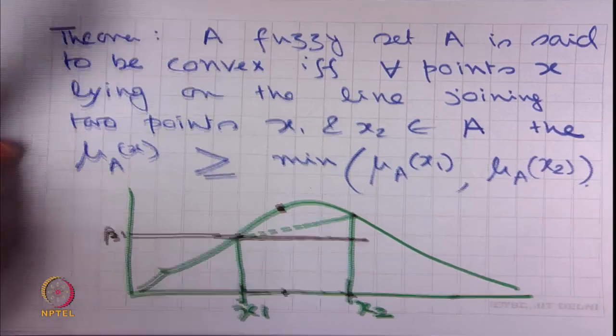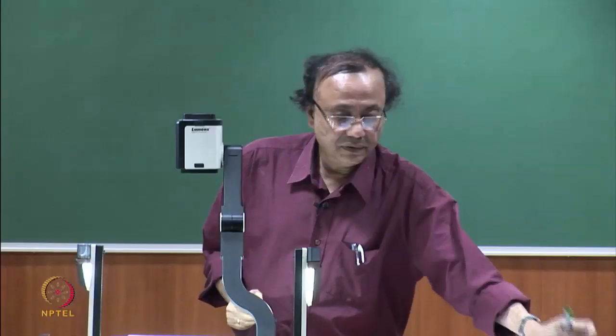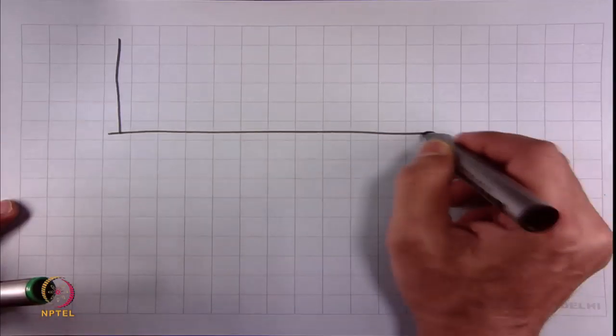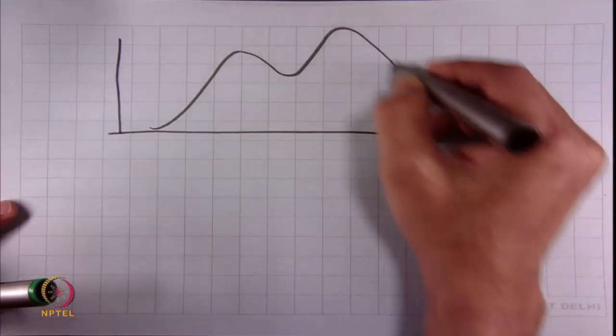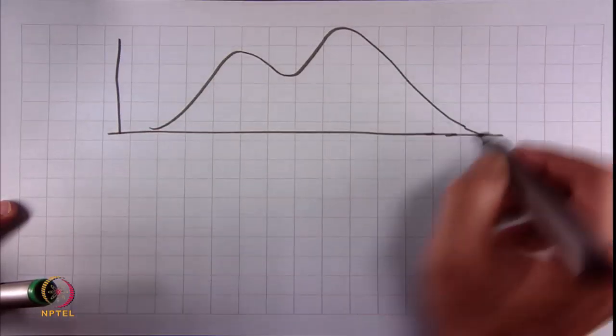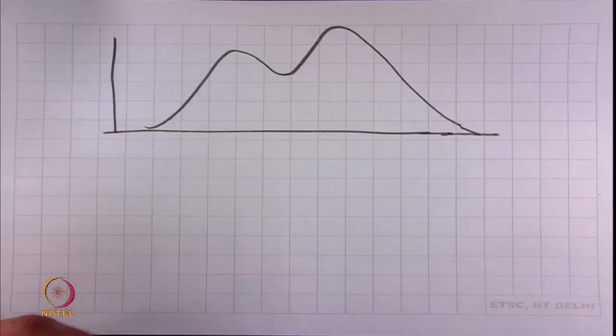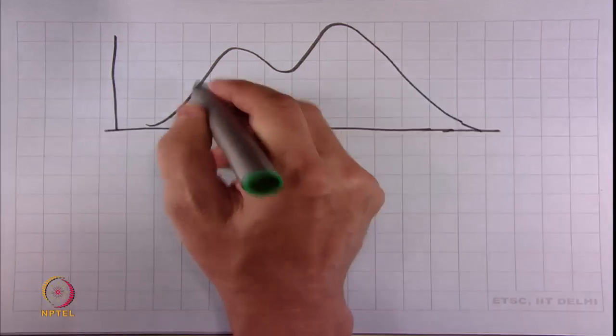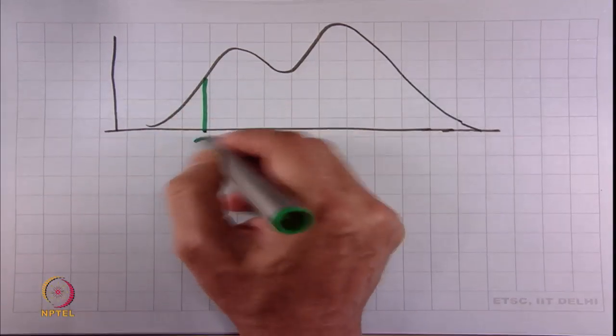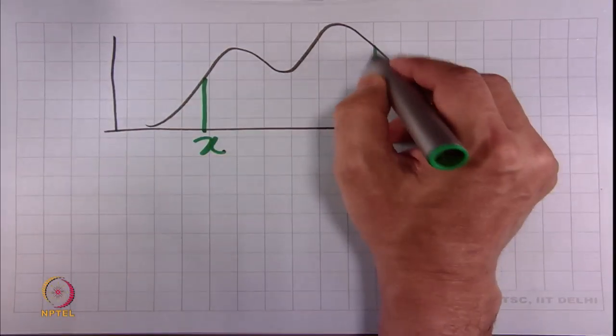This however, is not true if the fuzzy set is not convex. For illustration, consider a fuzzy set with this type of membership. Consider this to be x 1 and this to be x 2.